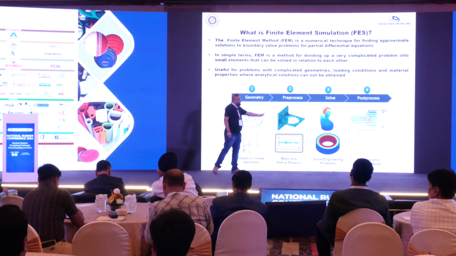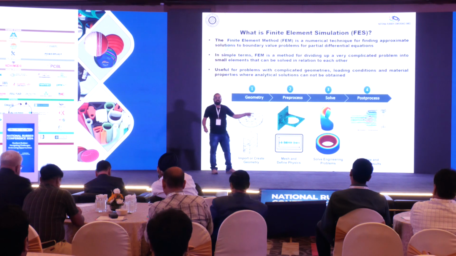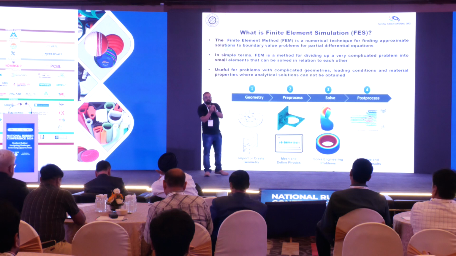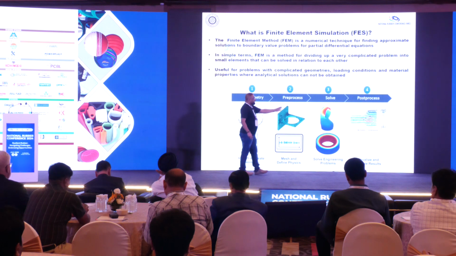Then you put in the boundary conditions, and then you simulate. Simulate means how those parts will behave when external conditions are applied during the application of the product. From there you get the result and you analyze it.